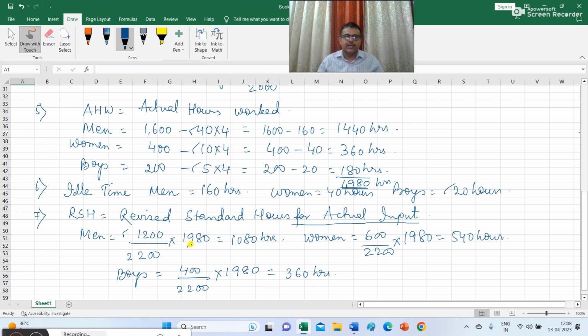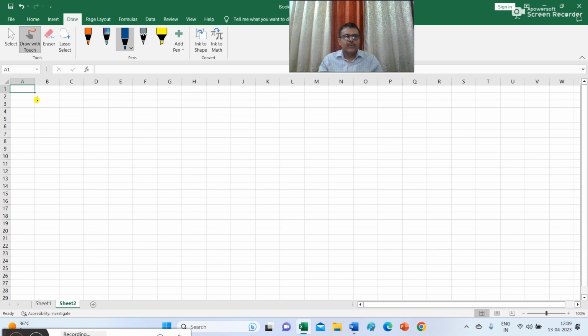So this way I have calculated all the parameters. Now let us calculate all the variances of labor. So here I am calculating the labor cost variances. The first one is labor cost variance. This is calculated by the formula SH multiply with SR minus AH into AR.